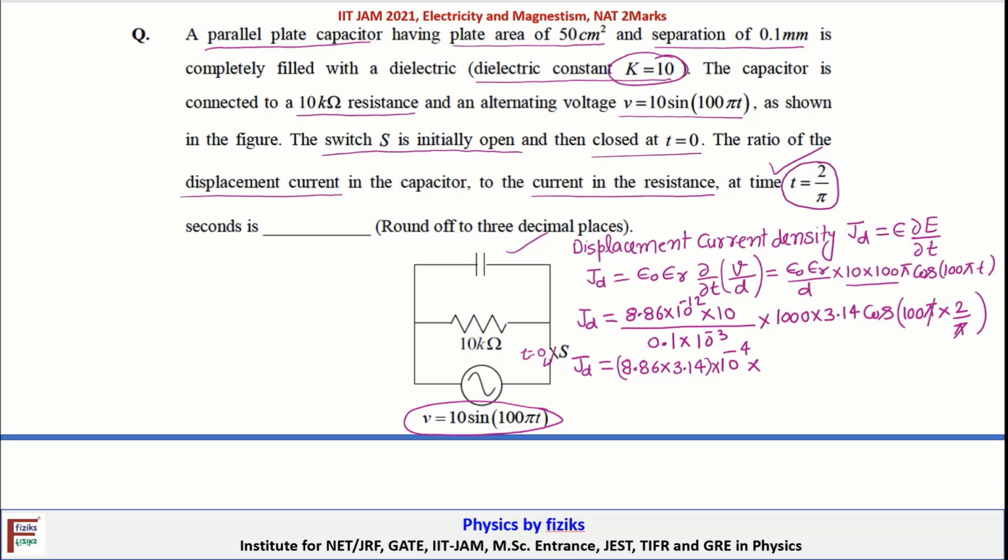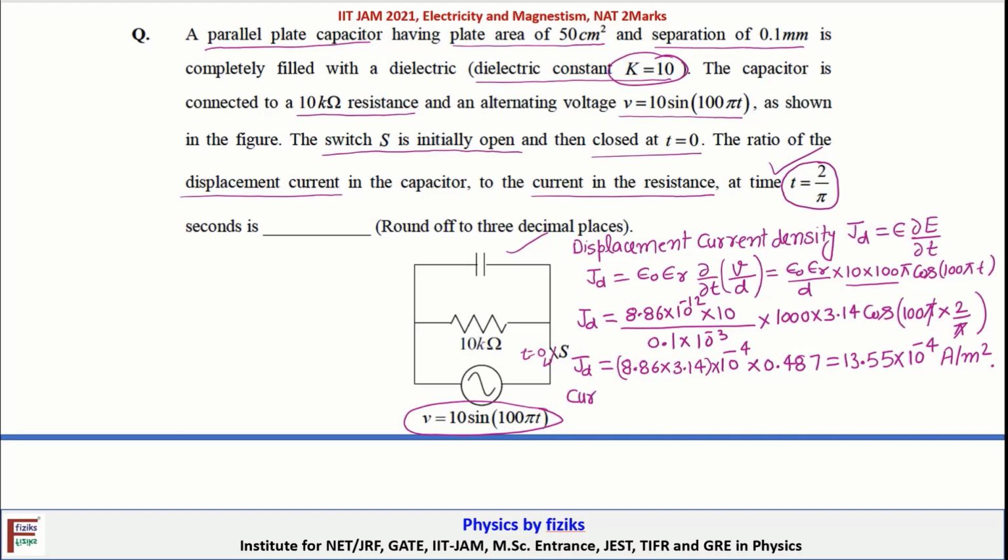So cos 200, if you calculate in radian, this value will be 0.487. You can use a calculator to check this value, and that will be 13.55 times 10 to the power minus 4 ampere per meter square. So this is the displacement current density.